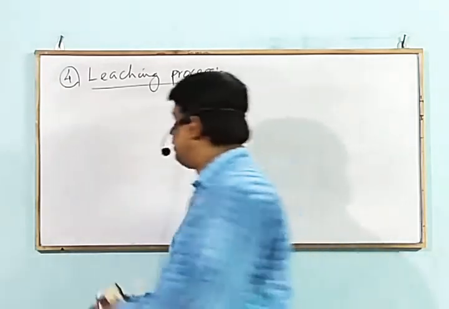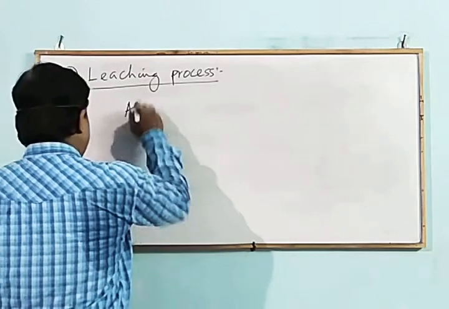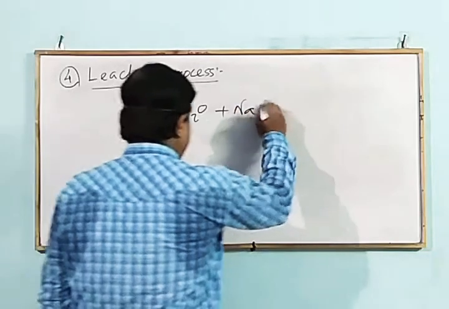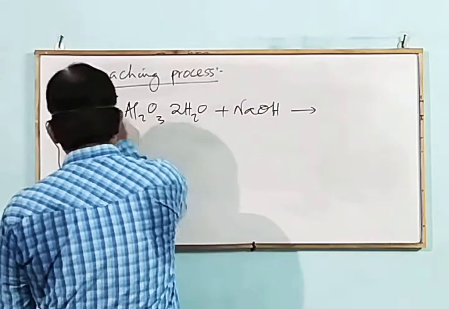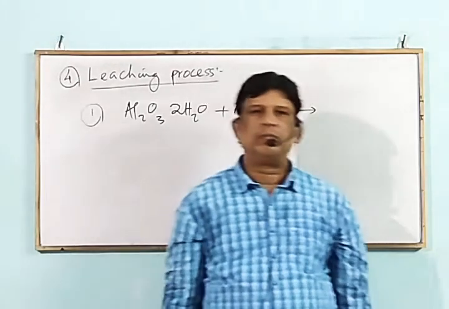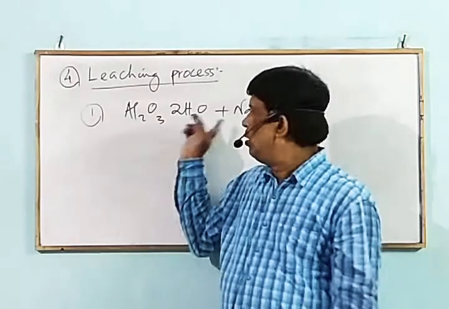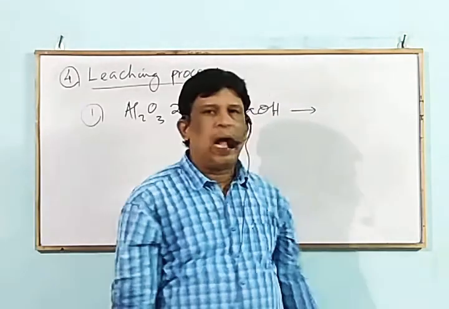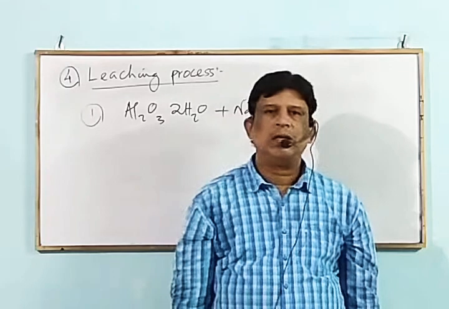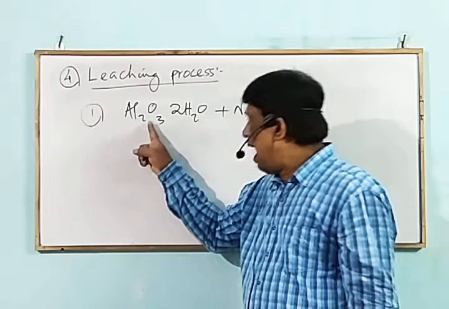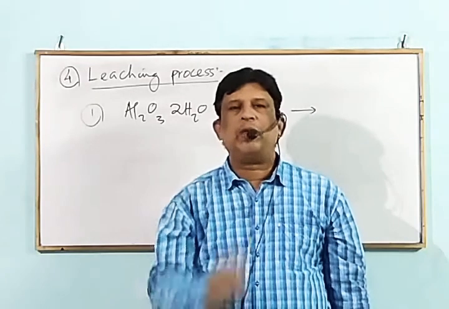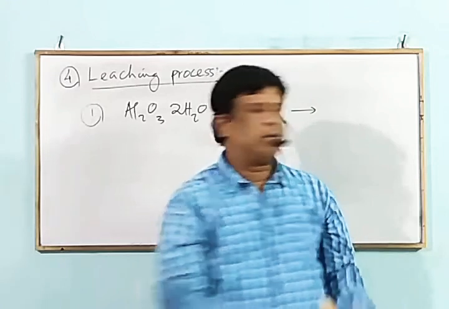Mark that. That is Al2O3.2H2O plus NaOH. Step 1. That means to the powdered bauxite ore, concentrated sodium hydroxide solution is added, as a result of which the alumina Al2O3 dissolves in the solution, resulting in the formation of sodium metaaluminate.